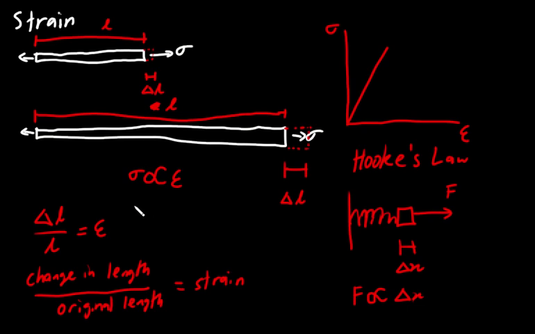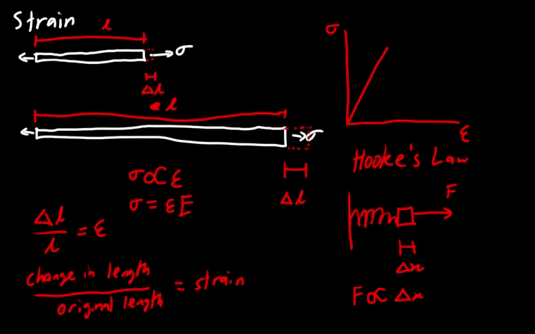So the way that we can also say this is that stress is equal to E times strain, where E is a certain constant. That's what it means for them to be proportional. Now in this case, the constant that we call E has an important property in the context of material science.